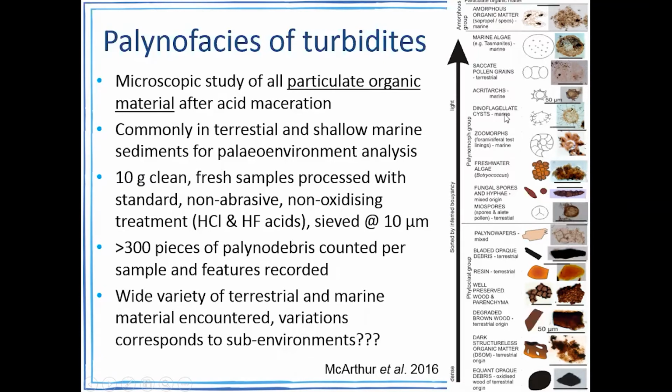And then some marine material as well, so things like dinoflagellate cysts, marine algae, and amorphous matter that's normally associated with phytoplankton debris in the marine environment. And the question is whether variations in the abundance, the size, the proportions, and so on of these particles could be related to the various sub-environments that we were just looking at when we collected the samples.